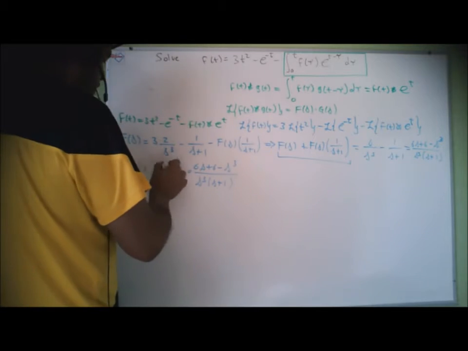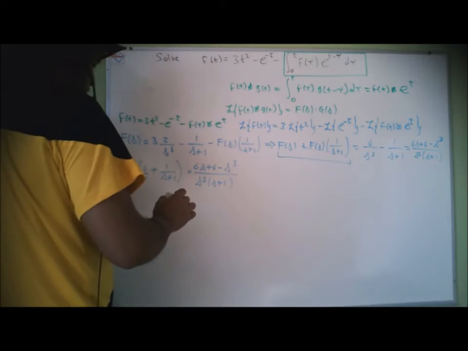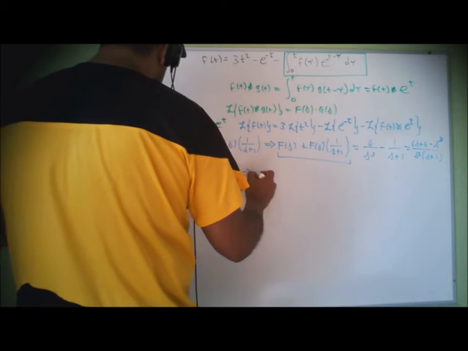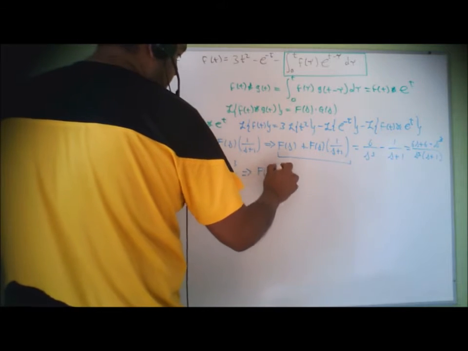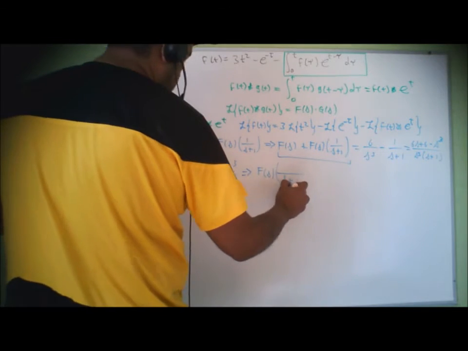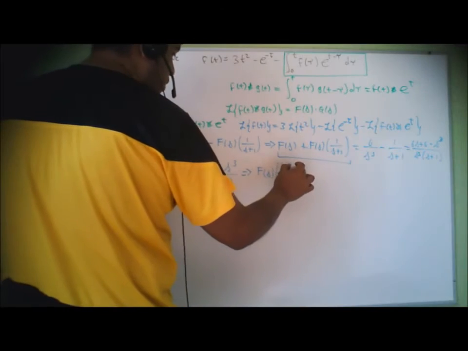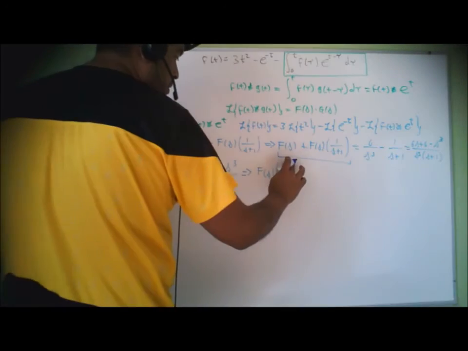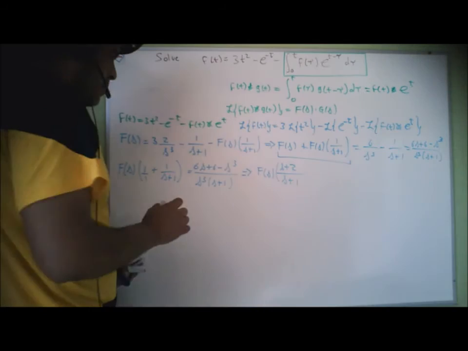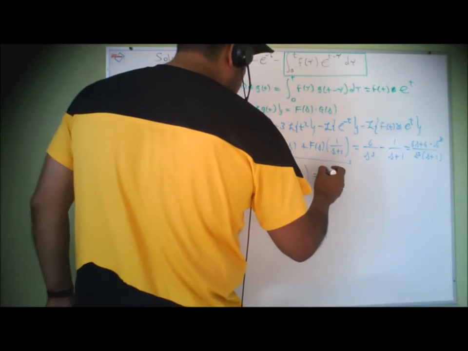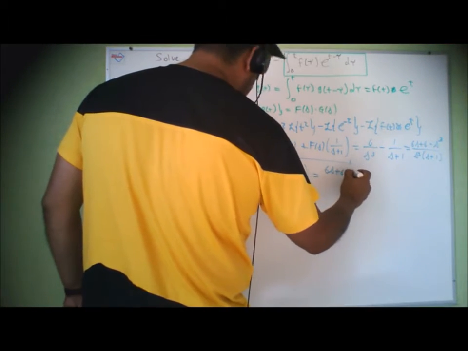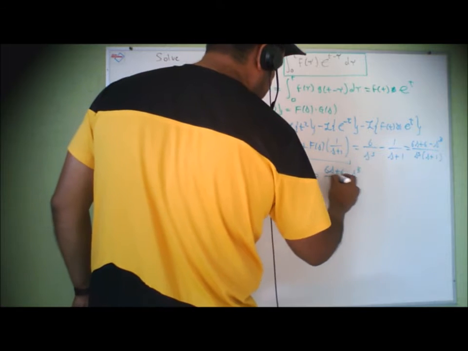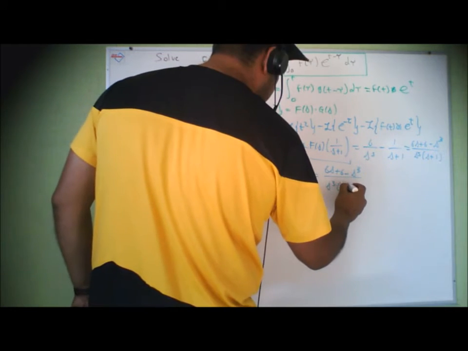Now let's do the common denominator here. So it's going to be F of s times s plus 1 plus 1, which is s plus 2, over s plus 1, equal to 6s plus 6 minus s to the power of 3 divided by s to the power of 3 times s plus 1.